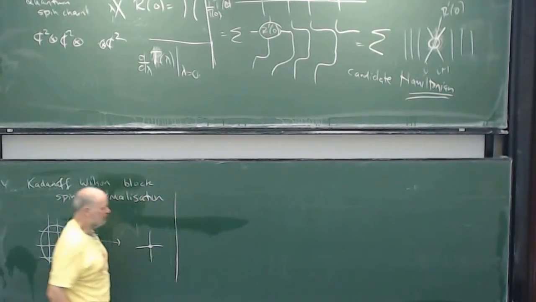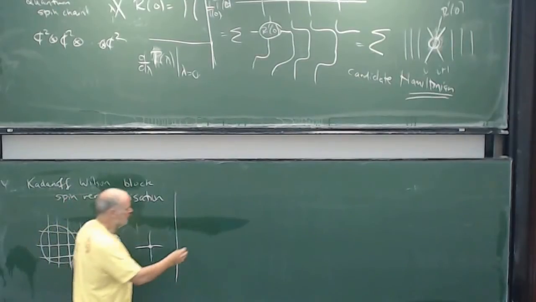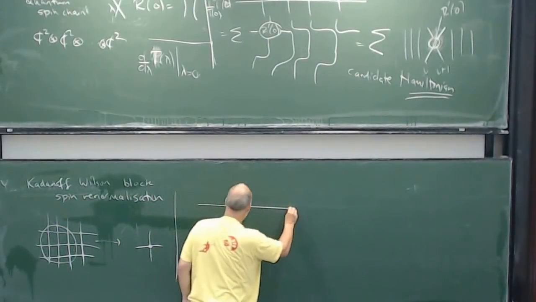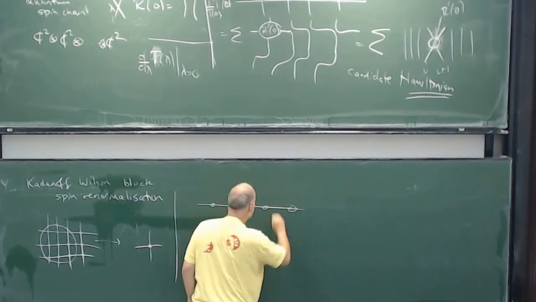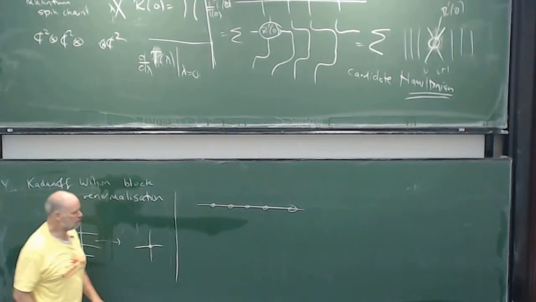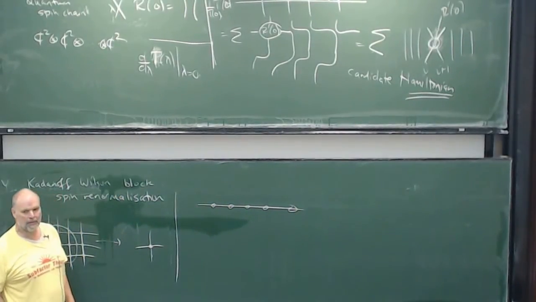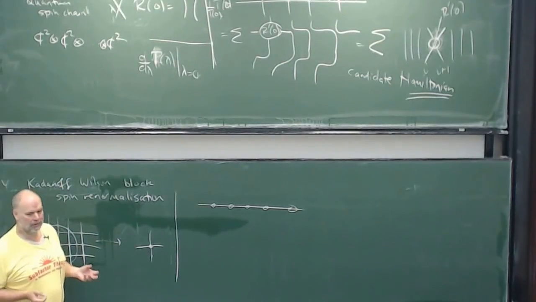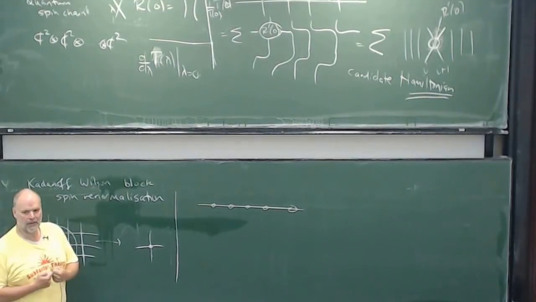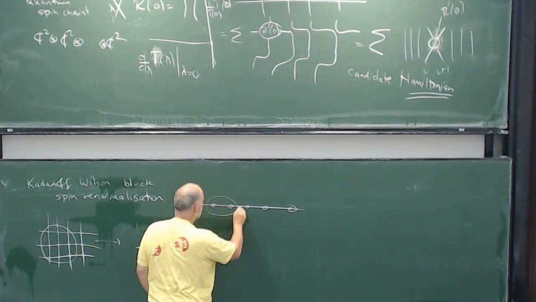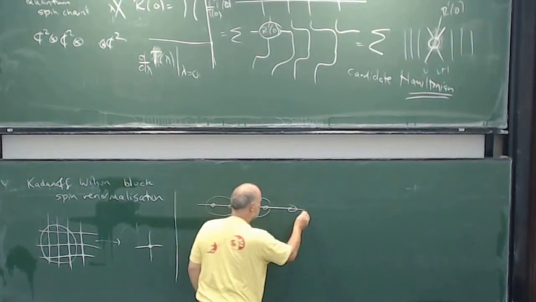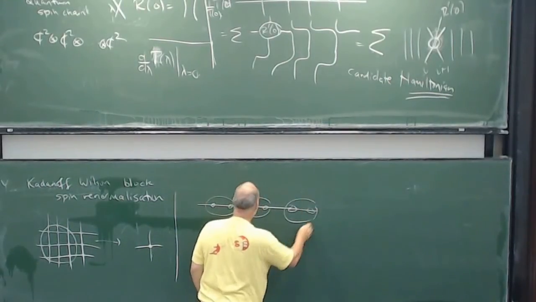I want to think about the same thing on a quantum spin chain, where we have these spins sitting at various lattice points. And the Kadanoff-Wilson philosophy would say block a few together to make a spin chain on a coarser spin chain. So let's just imagine the simplest case of blocking these two spins together, these two spins together, and these two spins together.